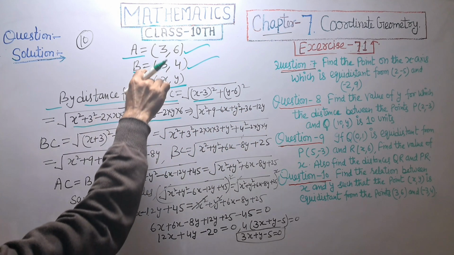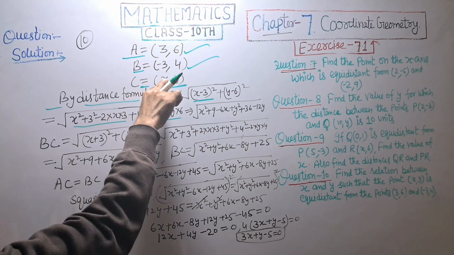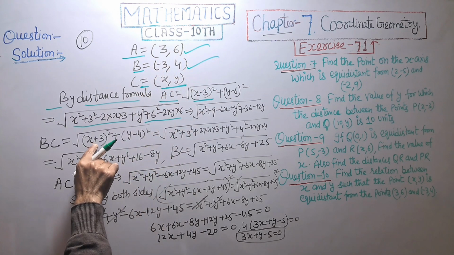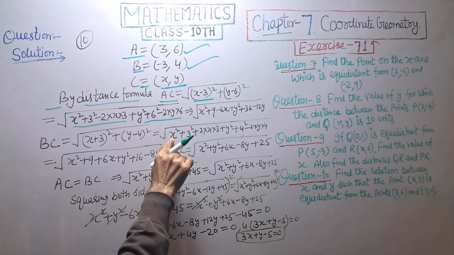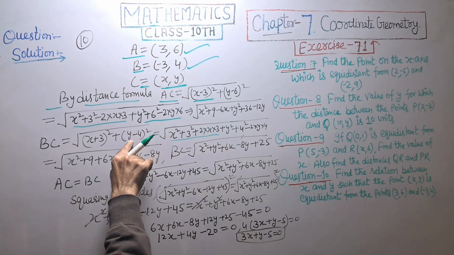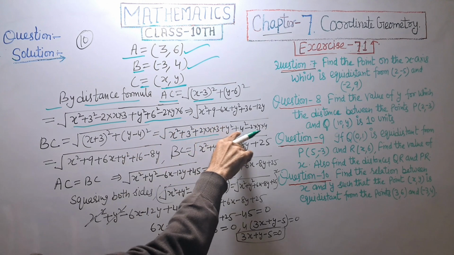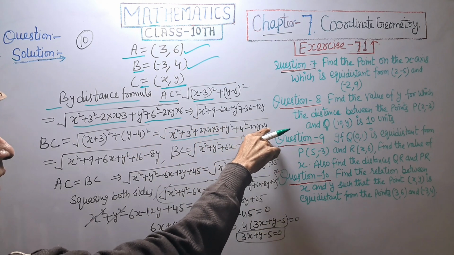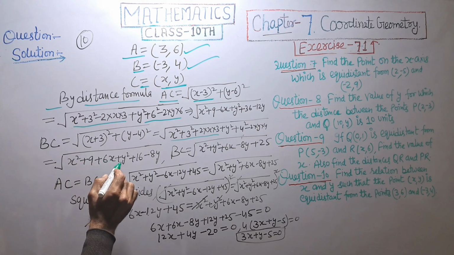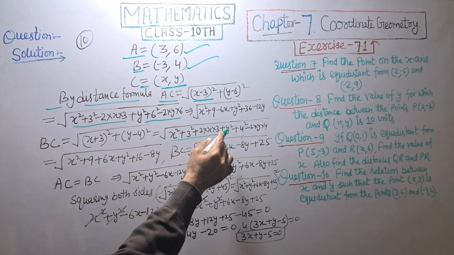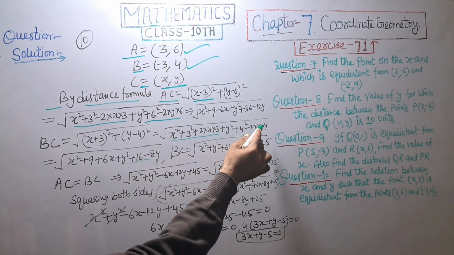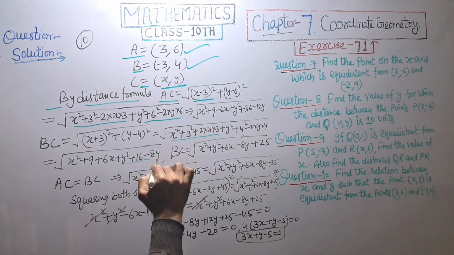So BC, same process. BC by the distance formula is x2 minus x1 whole square plus y2 minus y1 whole square. Using the a plus b whole square formula, a square plus b square plus 2ab, and the a minus b whole square formula, a square plus b square minus 2ab, we get x square plus 9 plus 6x plus y square plus 4 4s are 16 minus 4 2s are 8y.